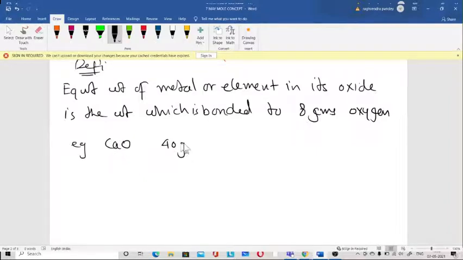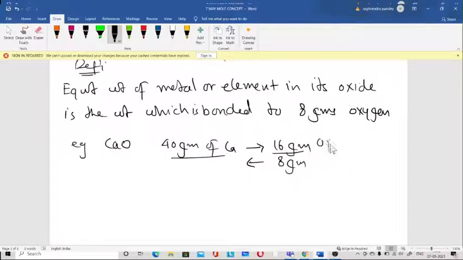So 40 gram of calcium is bonded to, what is the weight of oxygen here? 16 gram. So whatever is the weight of calcium which is bonded to 8 gram of oxygen, that is your 20 gram.